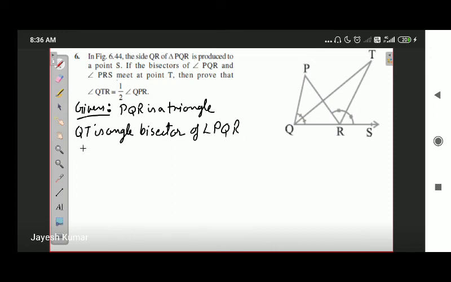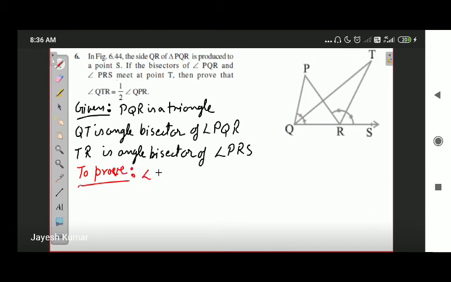Also, RT is the angle bisector of angle PRS. Okay, this was given to us. We have to prove angle QTR is equal to half of angle QPR.